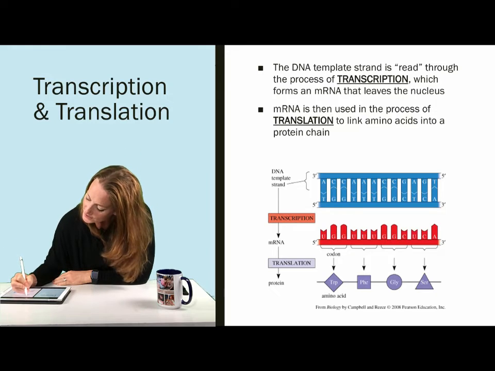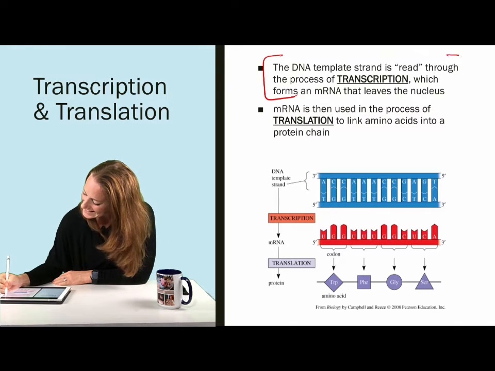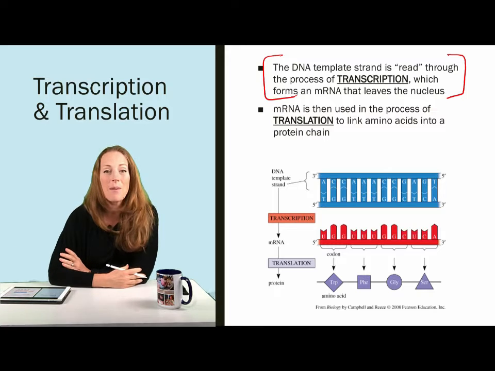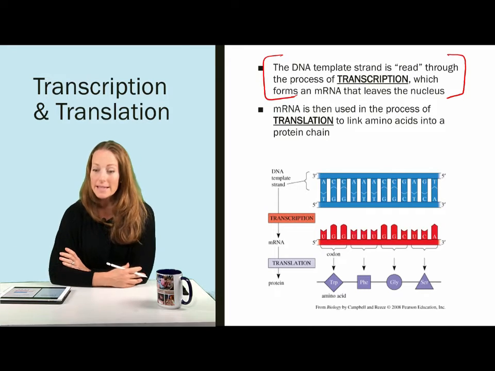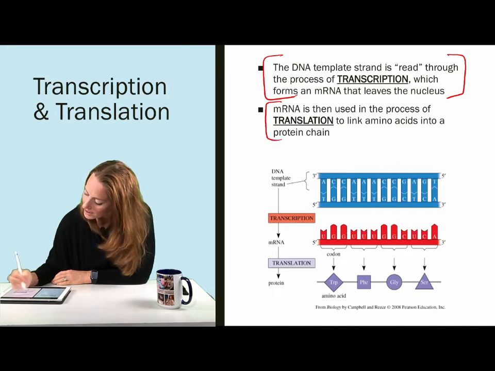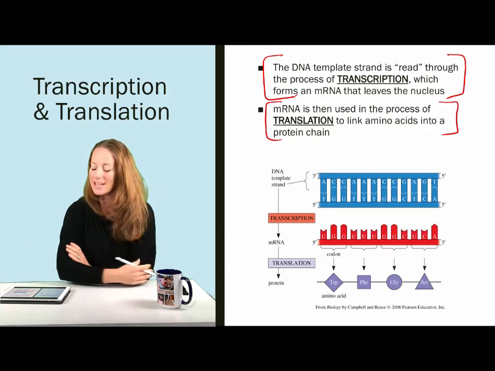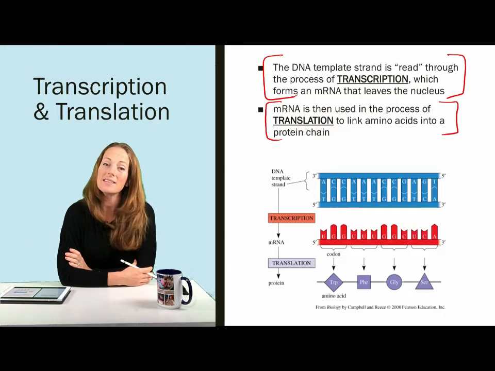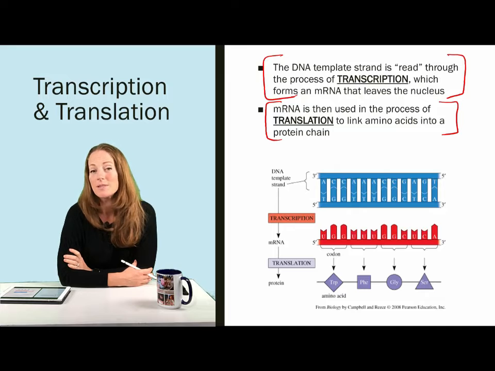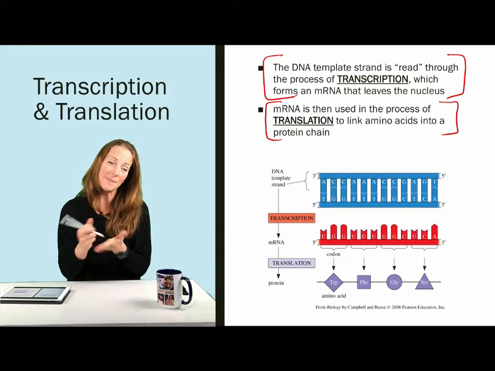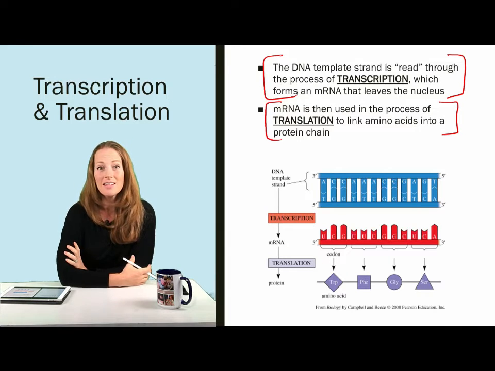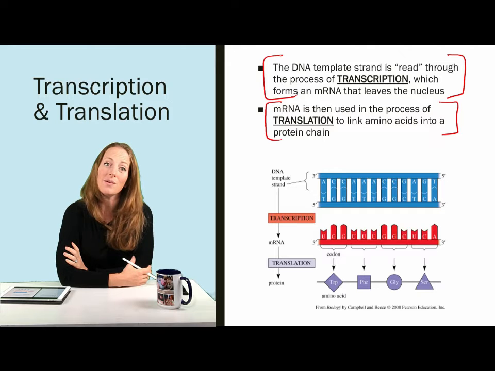So transcription is DNA to mRNA. Translation is mRNA to protein. One way to remember it is that transcription forms the script or the recipe, and translation comes later when you translate that recipe.